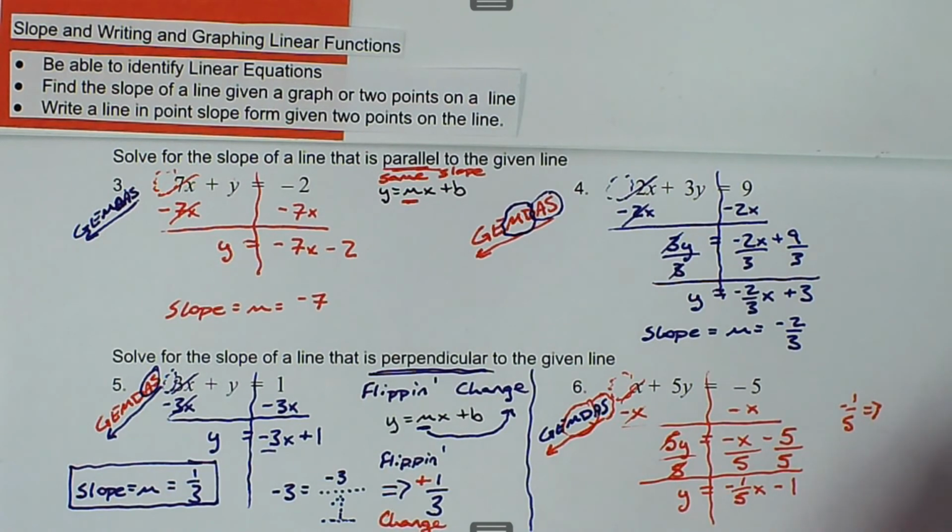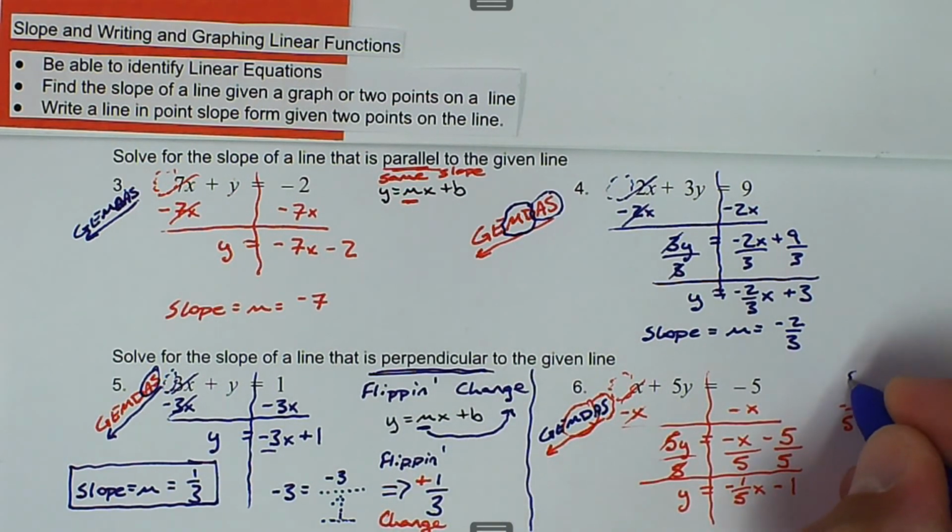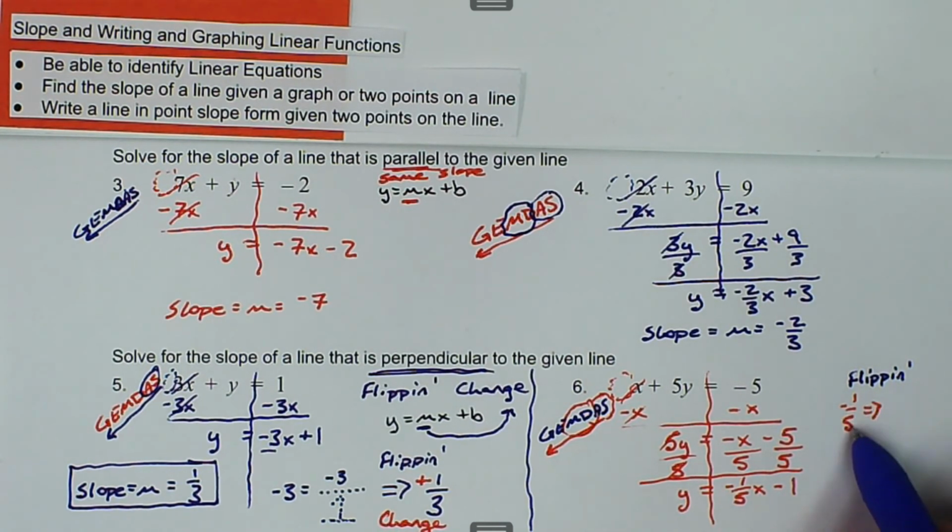And we want to come up with a perpendicular slope. So first thing we want to do, perpendicular is the bad word, so we want to flip. So how do we flip this? Instead of 1/5, that becomes 5/1. So that's flipping.